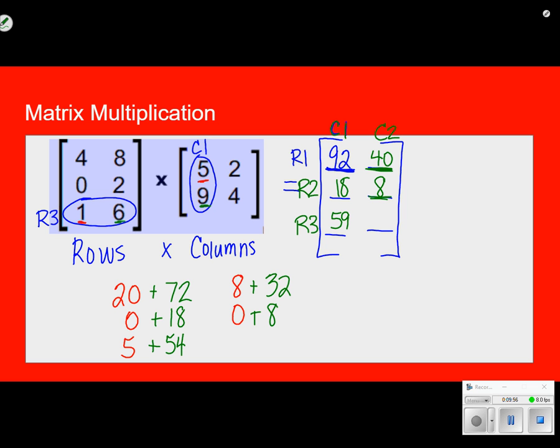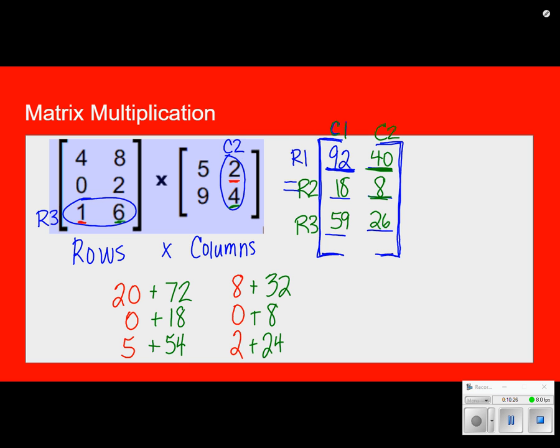All right, then we're going to switch to column 2. And we're going to do 1 times 2, which is 2. And then 6 times 4, which is 24. 2 plus 24 is 26. So there is my matrix answer for the multiplication part.